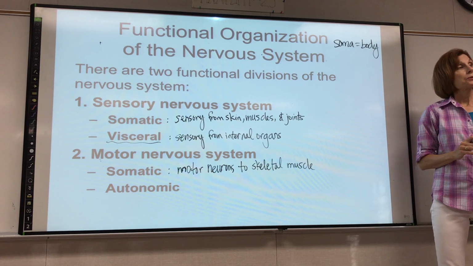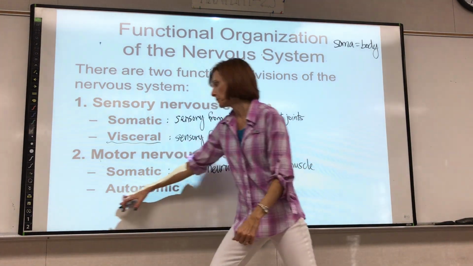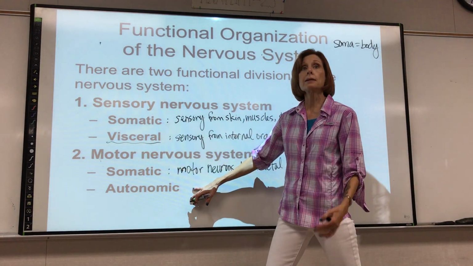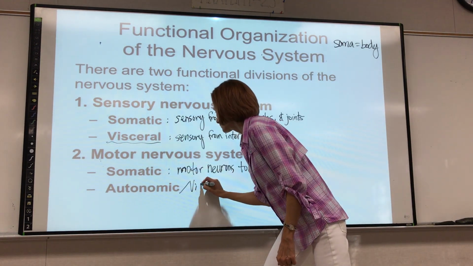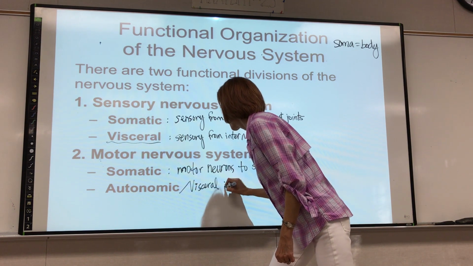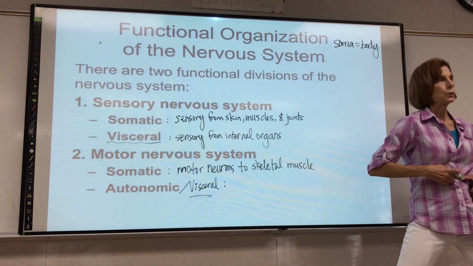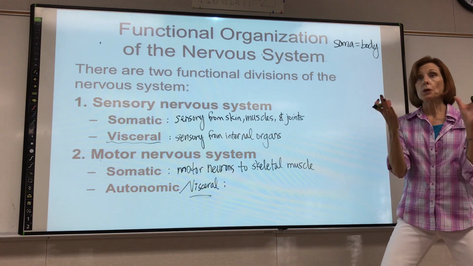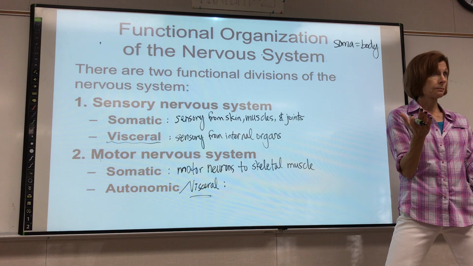Okay, so notice that there's a different term here for the other group of motor neurons, autonomic. Autonomic is sometimes referred to as visceral. And so again, when you think about autonomic, think about internal organs. Okay, so we know that in the internal organs, we have what type of muscle?